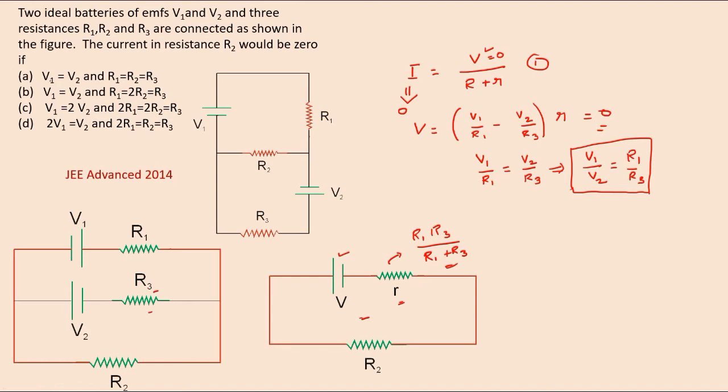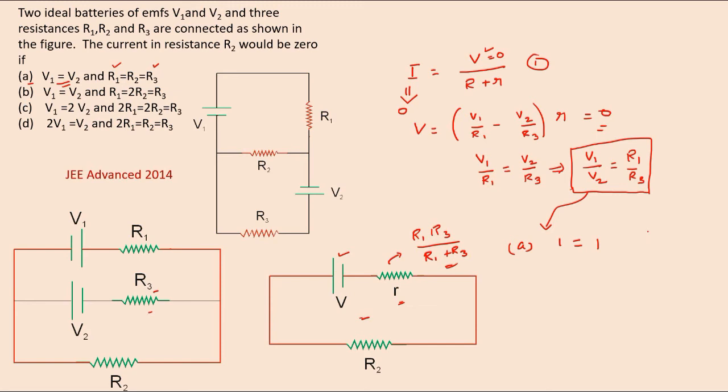Now come to the question. In option A, it is given V1 is equal to V2. So considering this option A, V1 by V2 is 1 on the left side, and R1 by R3, because R1 equal to R3, is 1, so you are getting 1 is equal to 1.